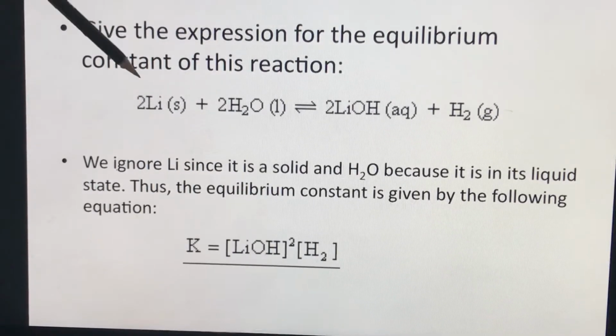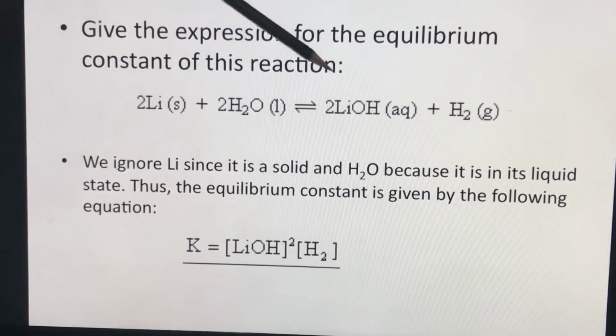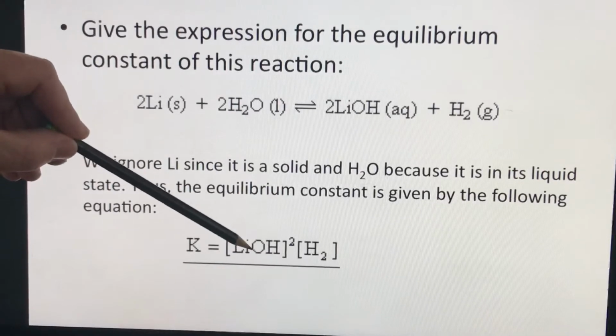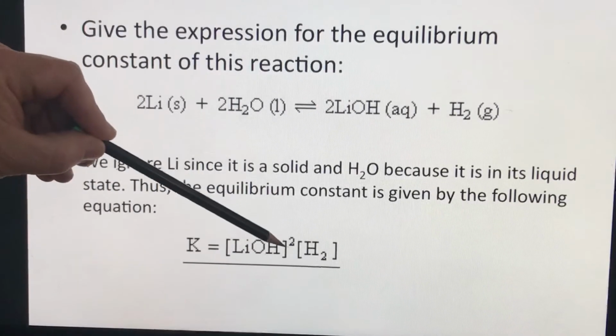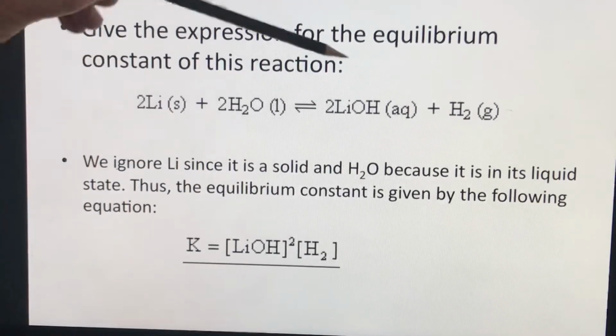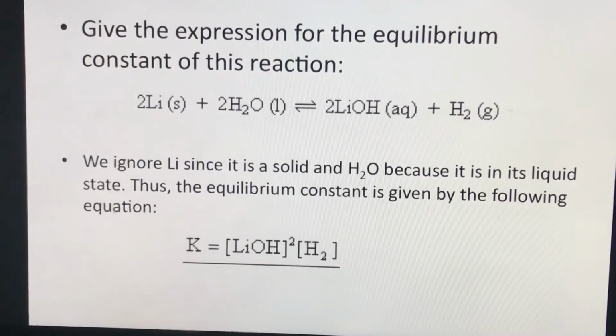So we've learned that we are not including the solid or the liquid in the calculation of K. So we're only, in this case, using the products, which are aqueous and gas. So we have the lithium hydroxide, so that concentration's included, and the 2 is our stoichiometric coefficient, which is then used as the exponent, and then the hydrogen gas is the concentration here.